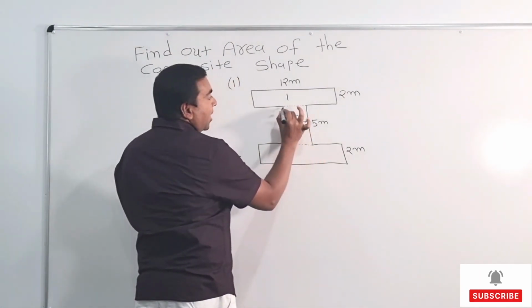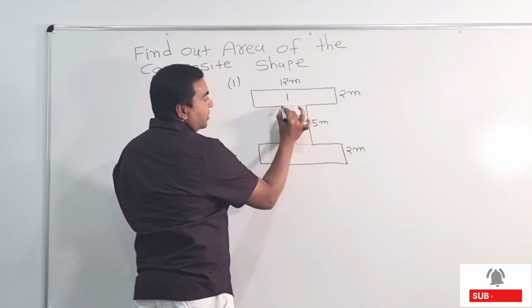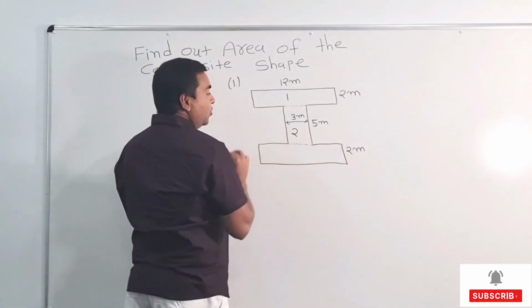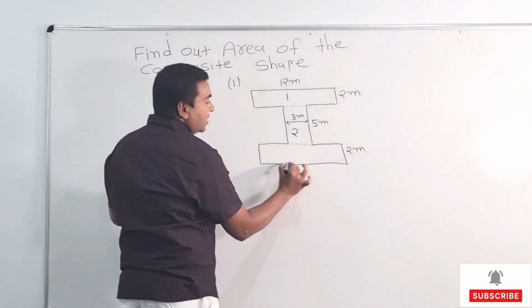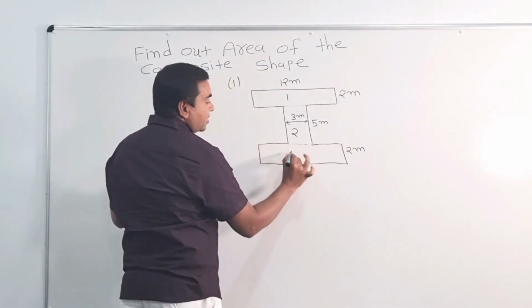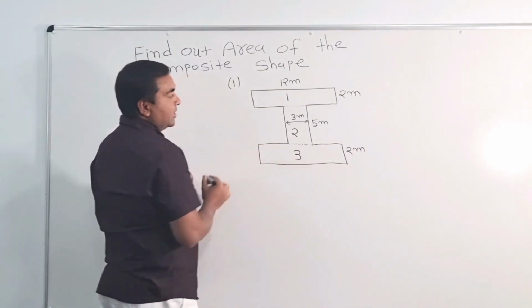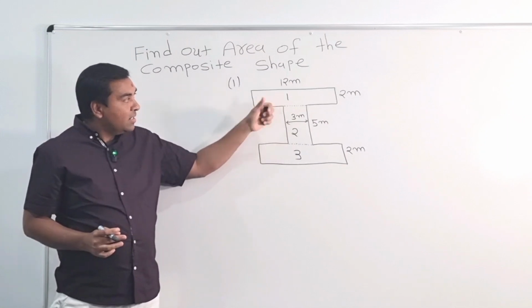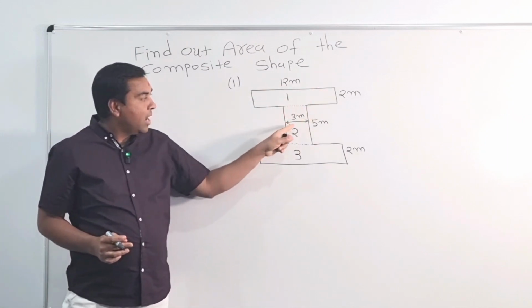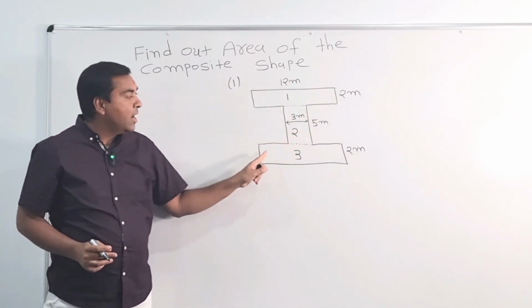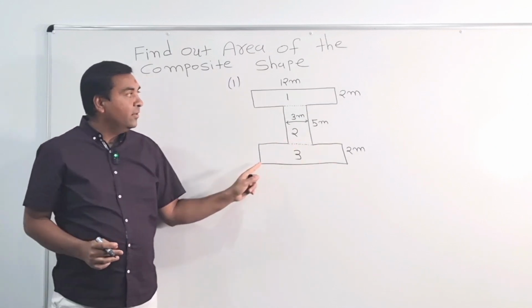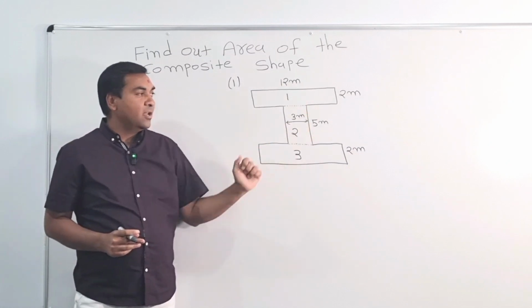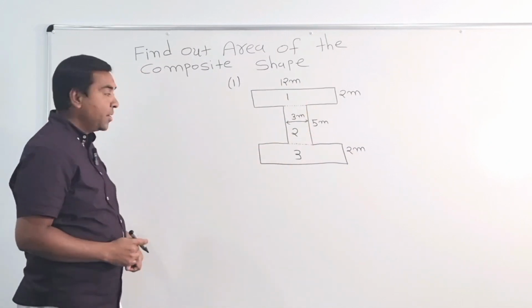Second, I'm going to make the dotted line here. This middle part is also another rectangle, which I can find the area of. So this is my part 2. And now the bottom bit is also another rectangle. I'll call that part 3. So I'll find the area of 1, the top rectangle, area 2, the middle rectangle, and area 3, the bottom rectangle, and add up all the areas, and that is going to be the area of the total given shape.